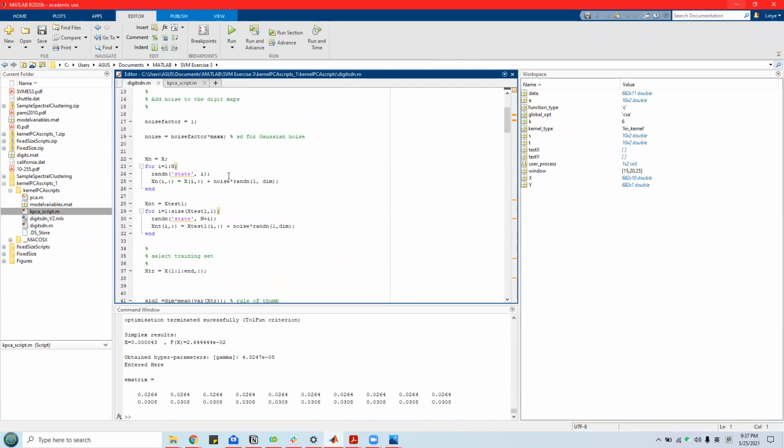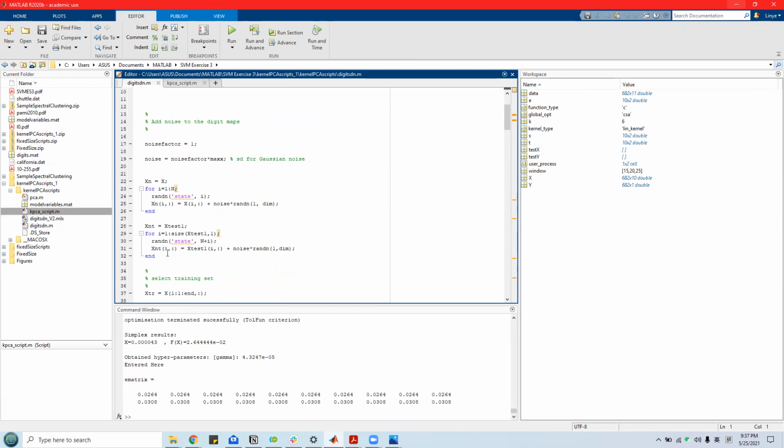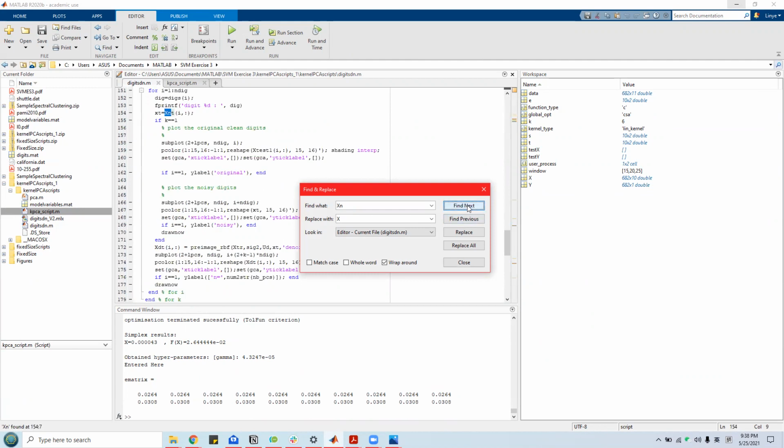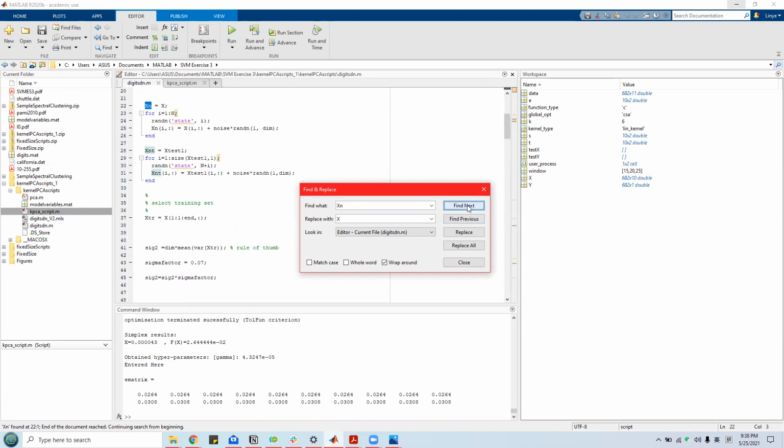Yeah, that's true. You see here they are adding noise, but what is xn used for? Let me check. It's only used to denoise, so not in the training phase. That's true.